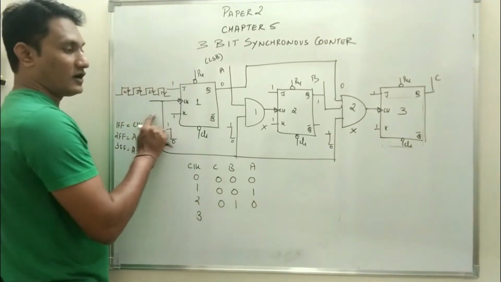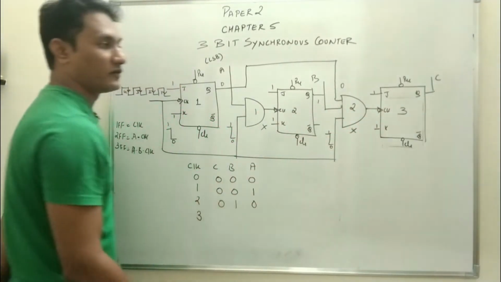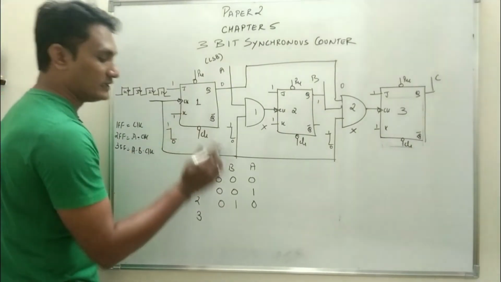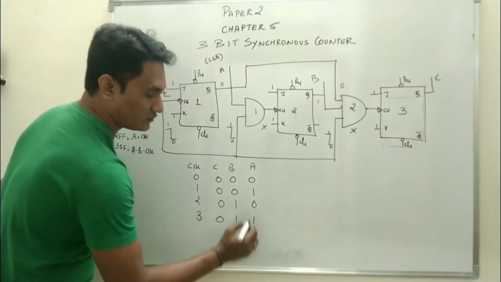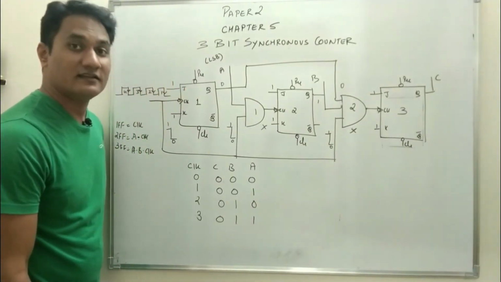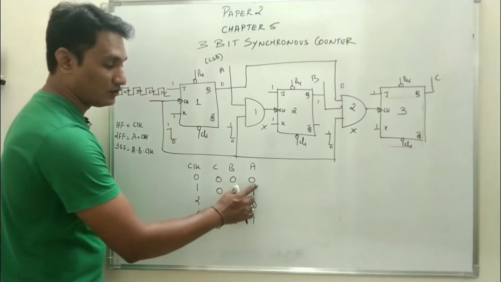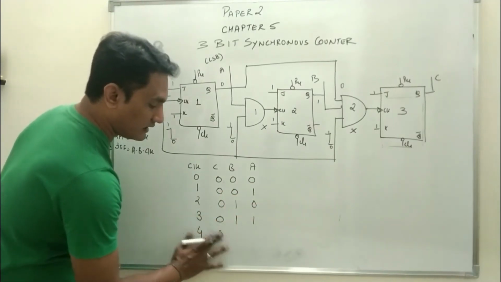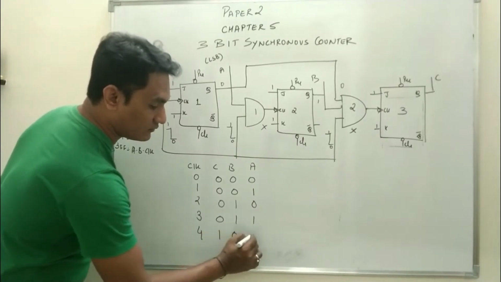So when you give the clock pulse, the second and third flip-flops will not get the clock, only the first flip-flop will get it, and it will change its state. So 0, 1, 1. So what you can see is it is exactly counting like a 3-bit up counter, 0, 1, 2, 3. So the condition remains the same, 1, 1, 0, 0.